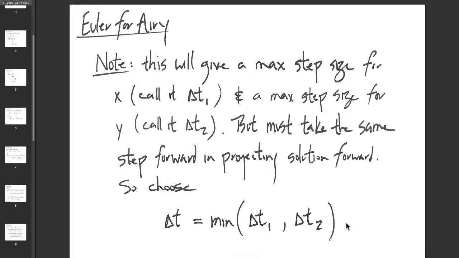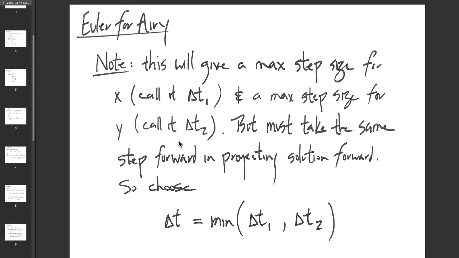Now, the additional wrinkle here is that we've got two components of the solution, x and y. So each of those will have its separate error estimate, and we'll get a separate time step for each of those. So I'm calling delta t1 the time step that we will derive for x, and delta t2 the time step for y.